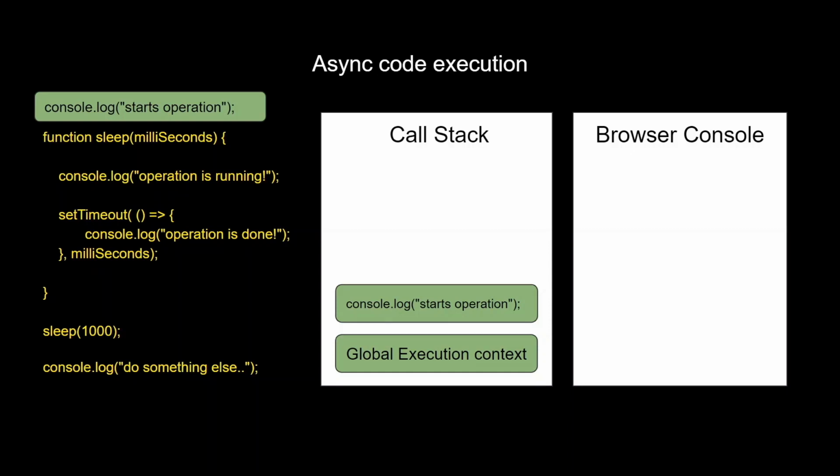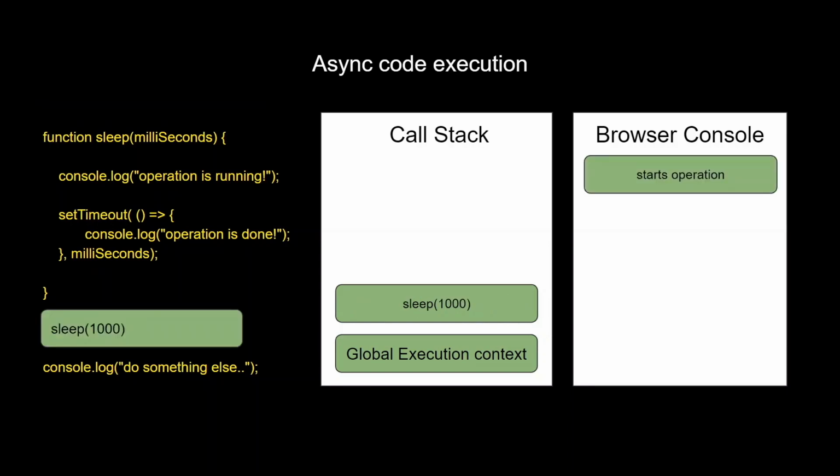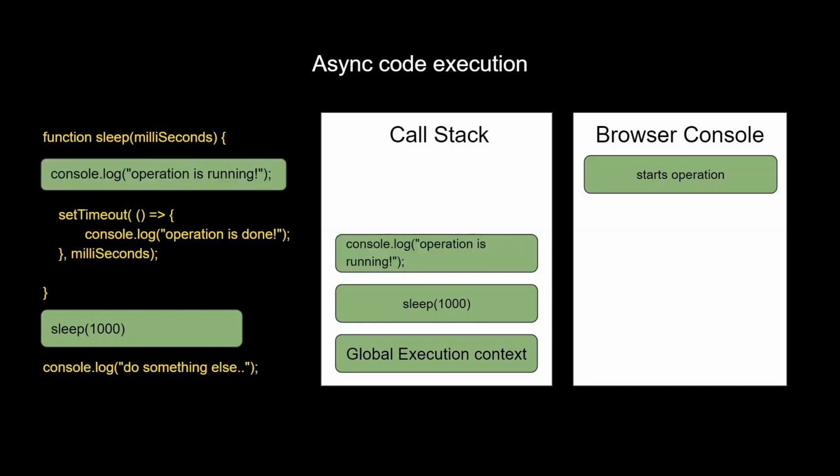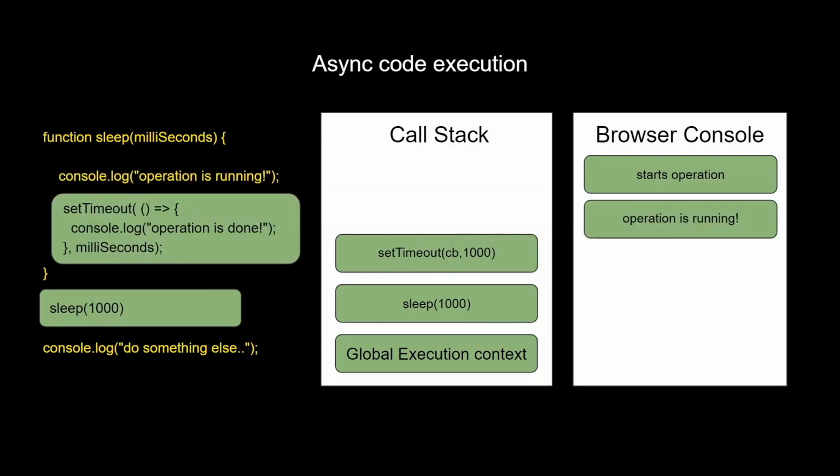The first thing that happens is the start operation comes into the call stack, and after that it gets executed. The sleep method is called, so now the sleep method is in our call stack, and after that the console log "operation is running" comes into the call stack, and once it gets executed, it gets printed on the console.